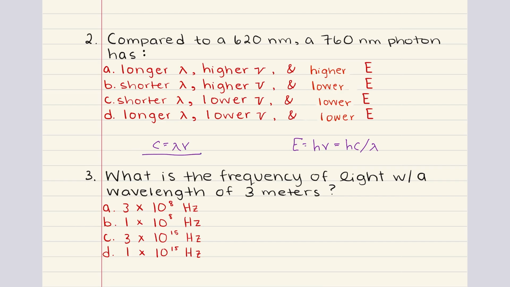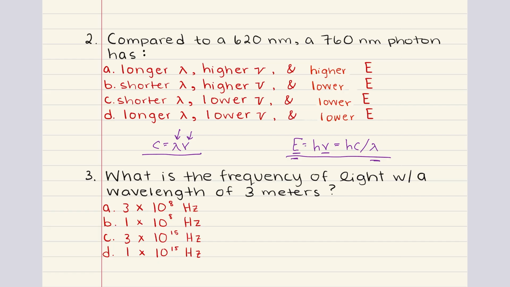From the first equation, we know that wavelength and frequency are inversely proportional. This means that the longer the wavelength, the lower the frequency. From the second equation, we know that energy and frequency are directly proportional, and energy and wavelength are inversely proportional.